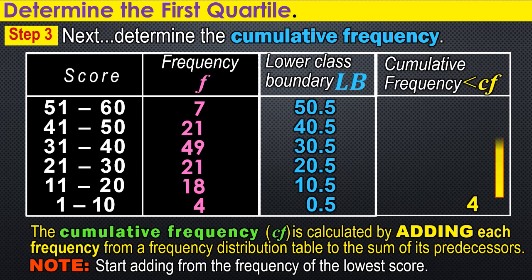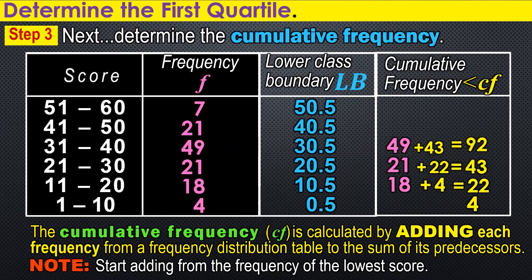Then we are going to add 4 plus 18. We have 22. 22 plus 21, we have 43. 43 plus 49, we have 92. And 92 plus 21, we have 113.